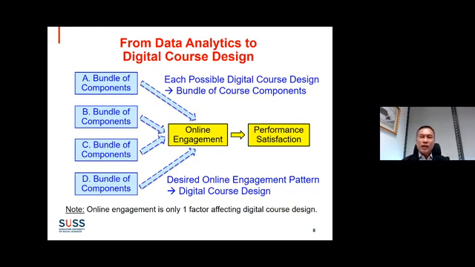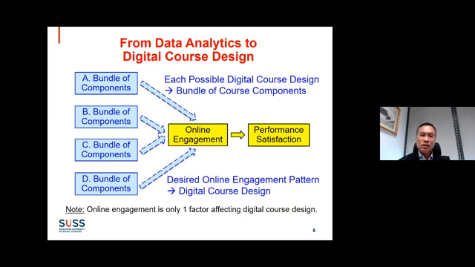Now, if we have in this example 4 different course designs, the different components in each course design will generate a certain pattern of online engagement. Different instructional materials, different activities, different interactions will lead to a different pattern or different profile of online engagement behavior.